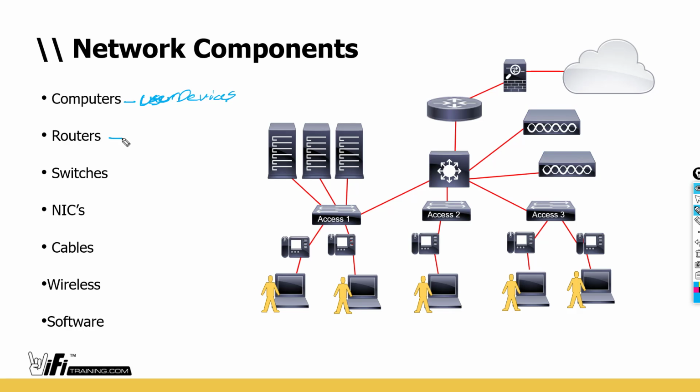Then we've got routers, and of course we'll go into very good detail about what routers are. You're going to learn to configure them, all that kind of fun stuff, and the same with switches, which I said most people think about. But what about the network interfaces? The network adapters that are in these devices, whether it's a LAN or a wireless LAN network interface card. The computers and devices all need to have a network interface card to be able to communicate on that particular type of network.